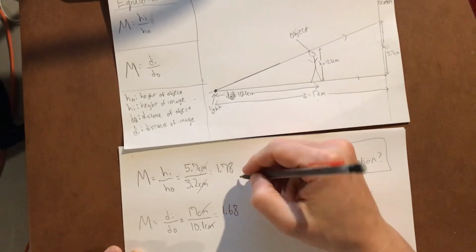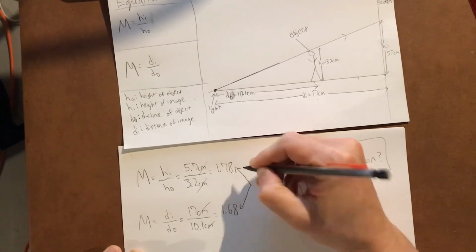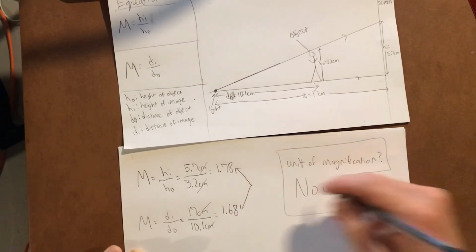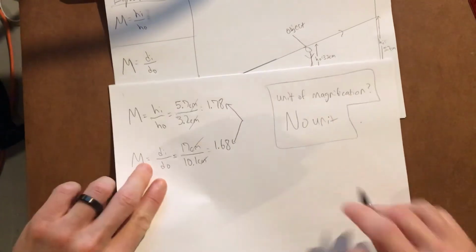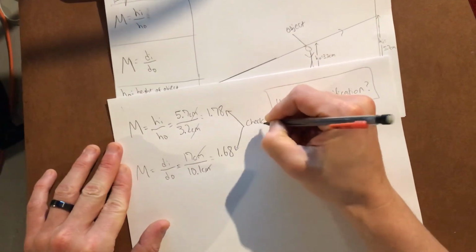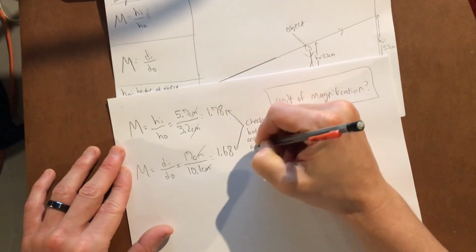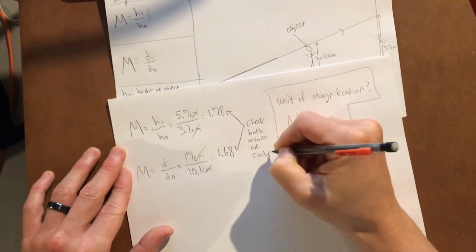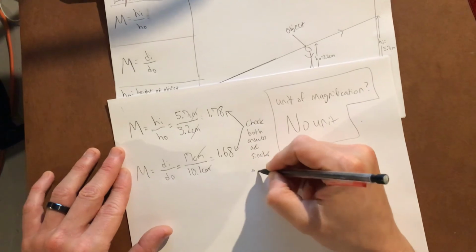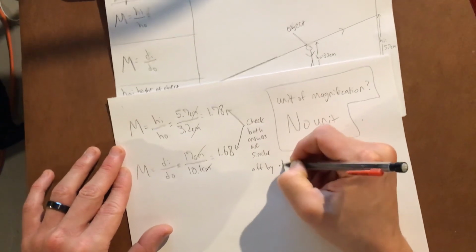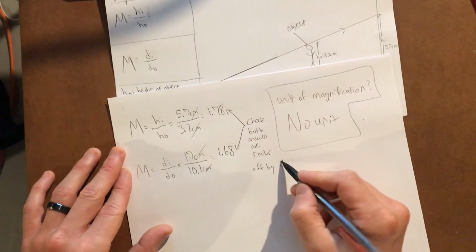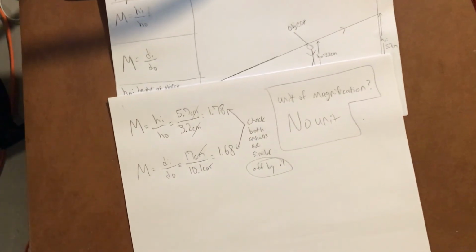Well, what you're looking for with these two answers is you calculated magnification twice, and you want to check both answers are similar. Mine are off by 0.1. If I subtracted those two numbers, I would get off by 0.1.